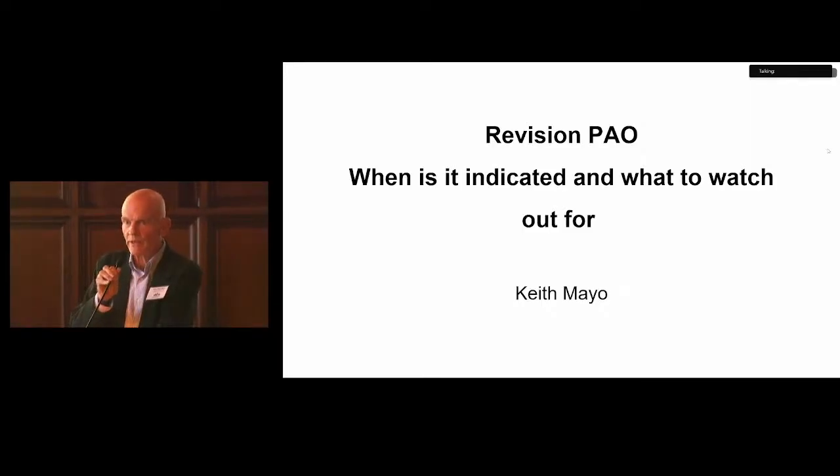Everybody's told you what a great operation periacetabular osteotomy is, and that's absolutely true. But there's a downside, and that's what I'm going to talk about now, and that is what do you do when things go wrong? Because it's a very different population.